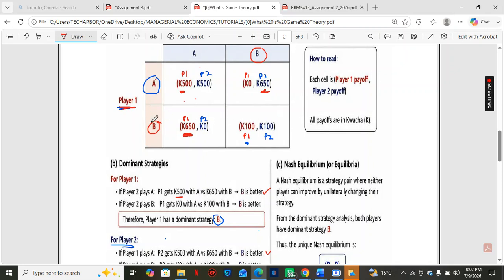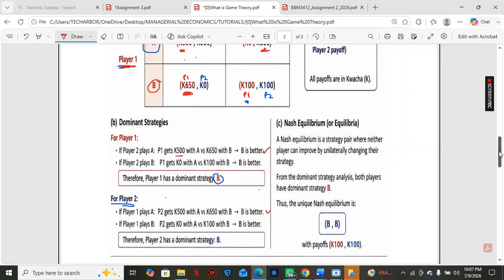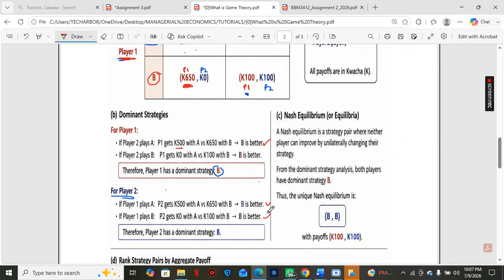So if player 1 picks strategy B and gets paid 650, player 2 is also going to choose strategy B, where they get paid 100, because they don't want to get this 0 here. So they'll pick the 100. So with both scenarios, player 2 is choosing option B. So option B is the dominant strategy for player 2.